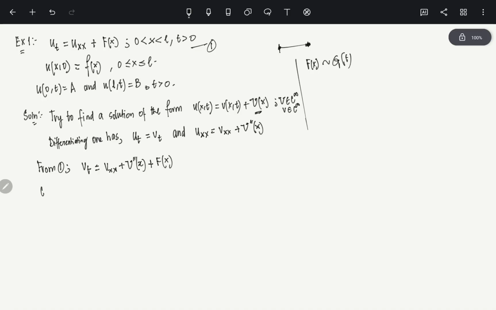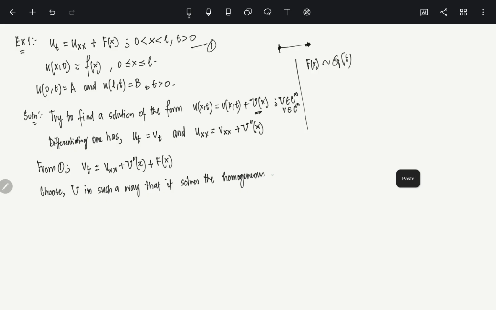So choose capital U in such a way that it solves the homogeneous heat equation. So what does that mean?